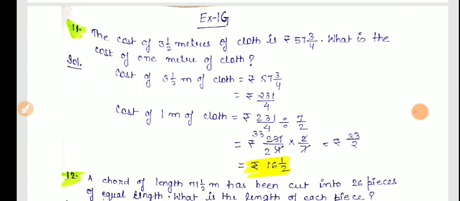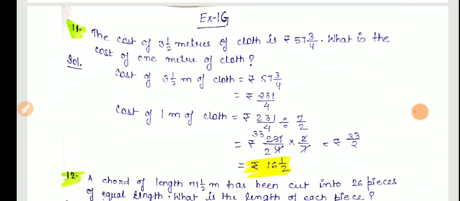Now in the previous video there were a few questions which were asking about more meters of cloth, and they had given the price of 1 meter of cloth or petrol, or similar questions. In those questions I told you that you have to multiply whenever they are asking for a bigger quantity.